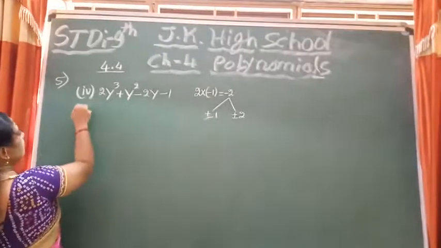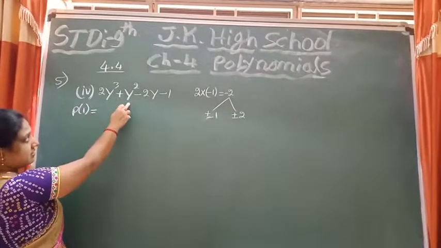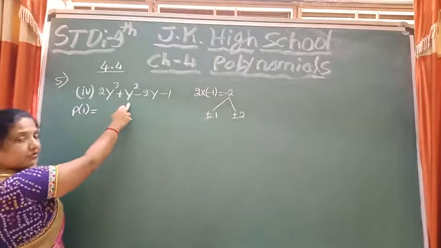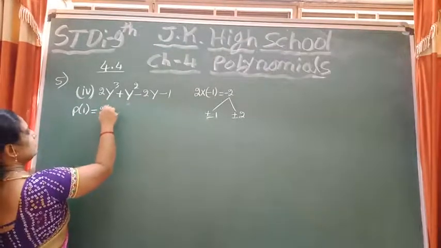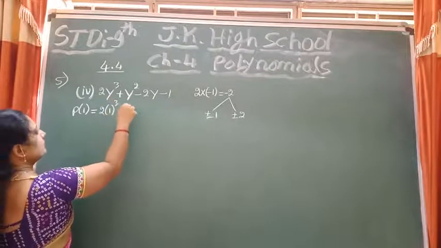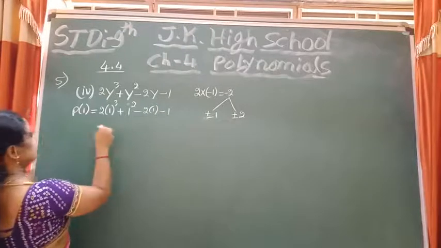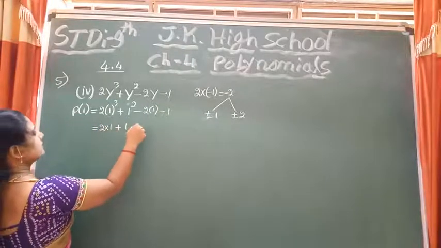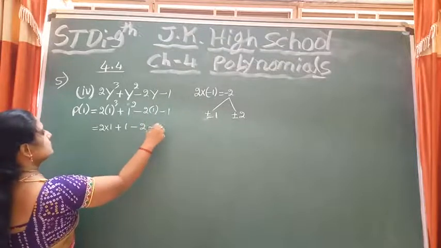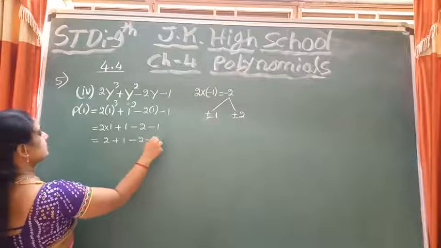So P of 1, in place of y, here the variable is y. Maybe any variable they can give, from a to z, children. So y variable is there: 2 into 1 cube, 1 square, 2 into 1 minus 1. 2 into 1 cube is 1 only, 1 square is 1, minus 2 minus 1. 2 ones are 2 plus 1 minus 2 minus 1.